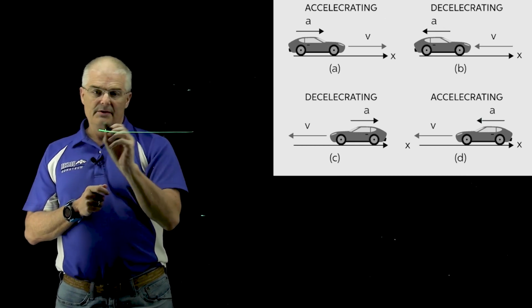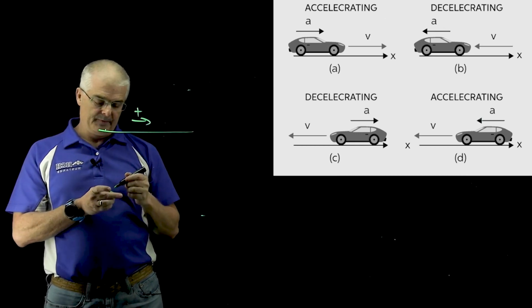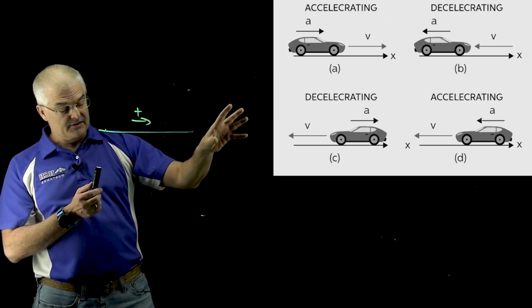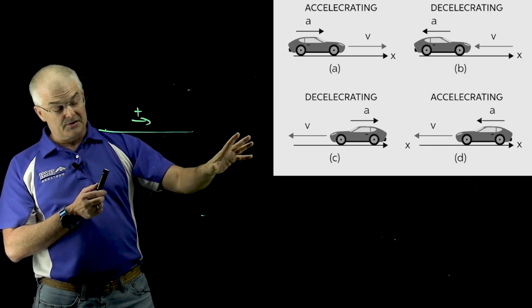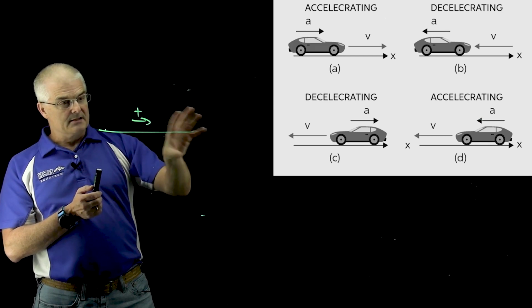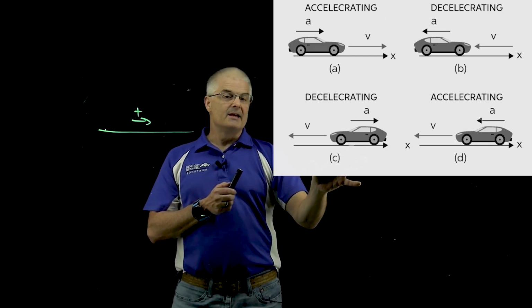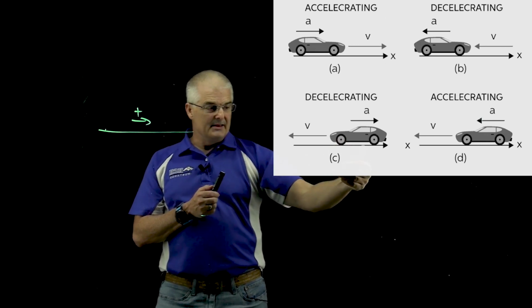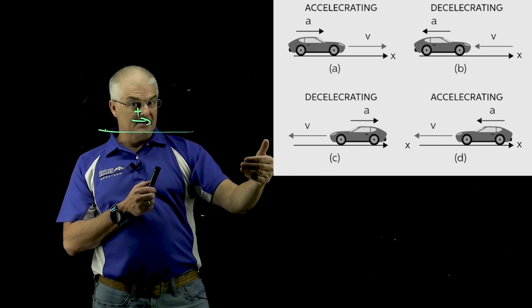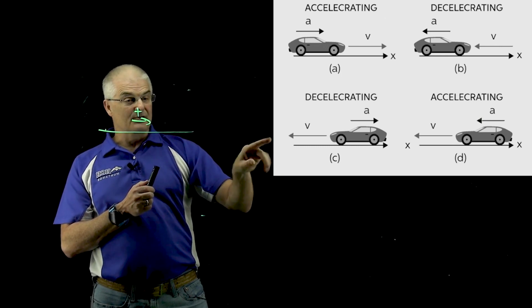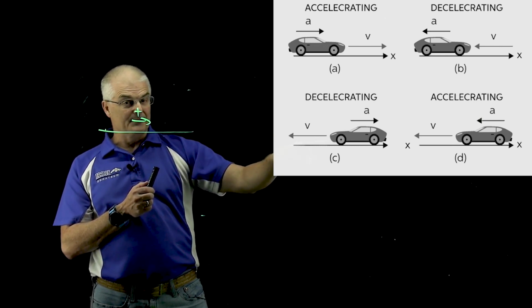All right, so this is the positive direction. So if I am moving in this direction and I'm accelerating, it's positive acceleration. If I'm putting the brakes on, so to speak, or slowing down, it's negative acceleration. But if the car, in this case, is moving in the negative direction, if the velocity is in the negative direction, we learned about that, and they're getting faster, the acceleration is in the opposite direction.